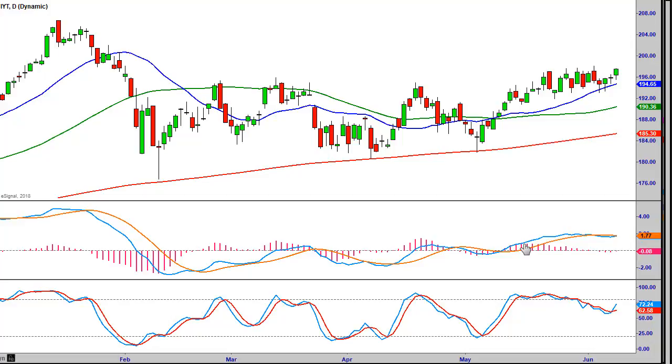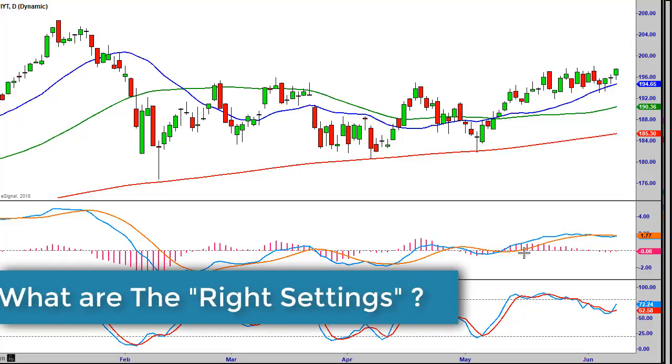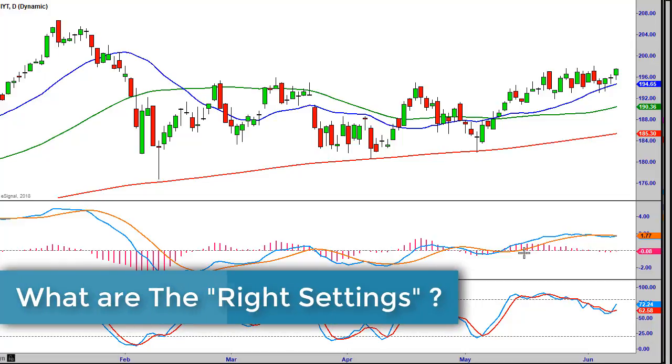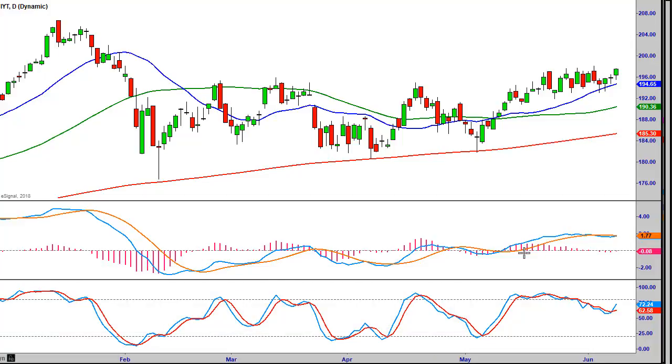Now, in addition to that, you have the question as to what parameters should you be using? Because the default is 12 and 26, exponential. Well, isn't exponential the right one? They're supposed to be faster moving averages. Some will tell you that they have proprietary settings that are going to optimize this MACD indicator.